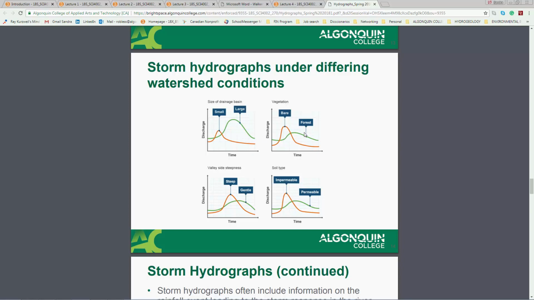For vegetation, I think it is very clear. When we don't have vegetation, usually the runoff is higher and the lag time is shorter. So we will see high volumes of runoff much more quickly than when we have a forest.